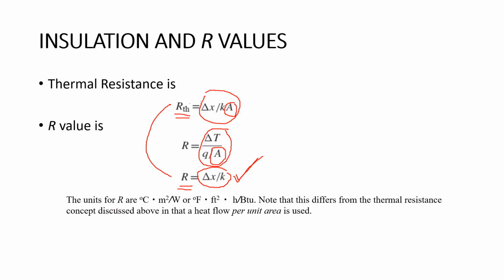So remember, units of R value will be degree C into square meter per watt, or in British system, the units are degree Fahrenheit into square feet into hour per BTU. So you should be able to differentiate between thermal resistance and R value.